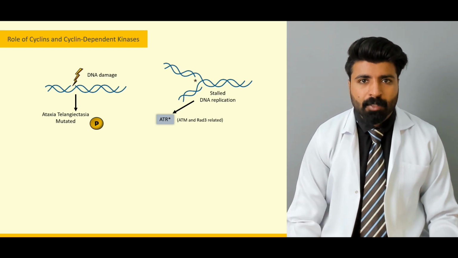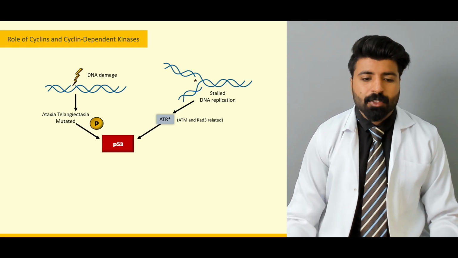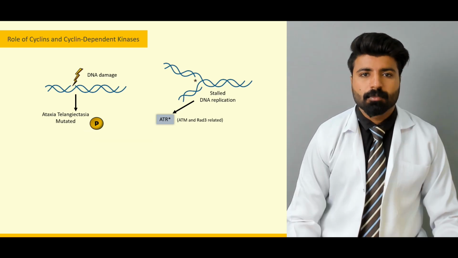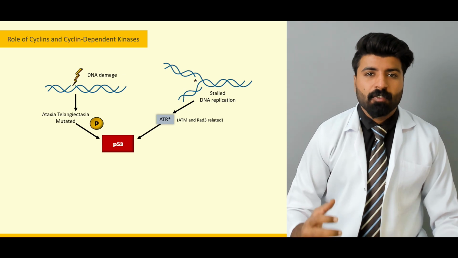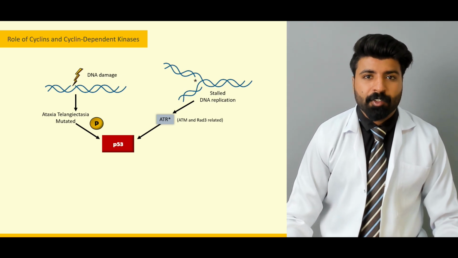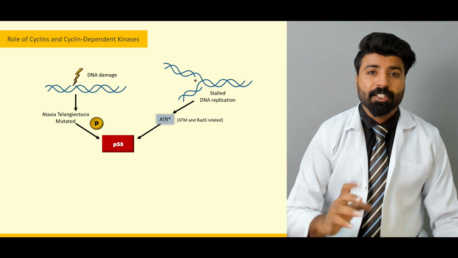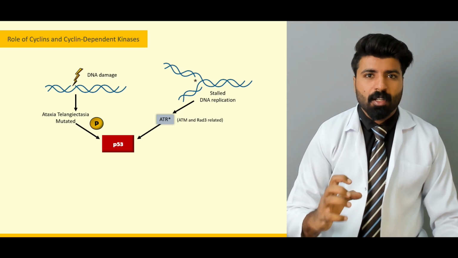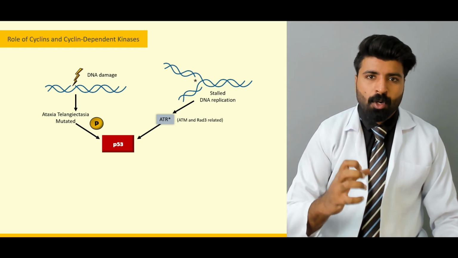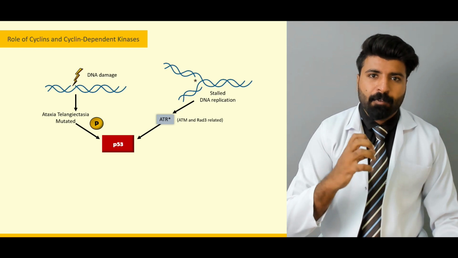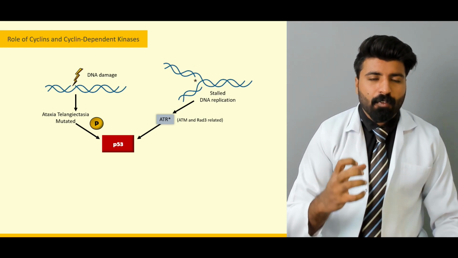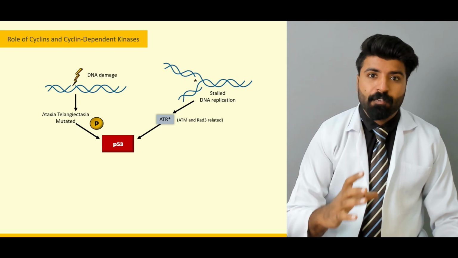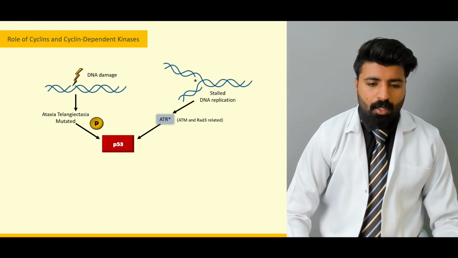It's going to halt in the process. So this in turn will lead to the production of P53. We know that P53 is going to halt the whole process. It won't let it continue. When P53 won't let it continue, what will happen? The whole effect of cyclins will be cancelled. How? Let's learn how.